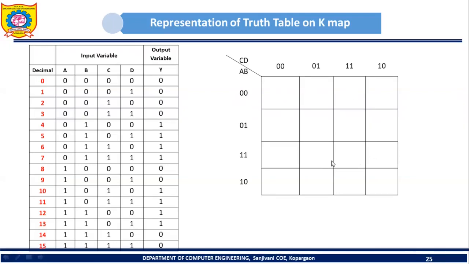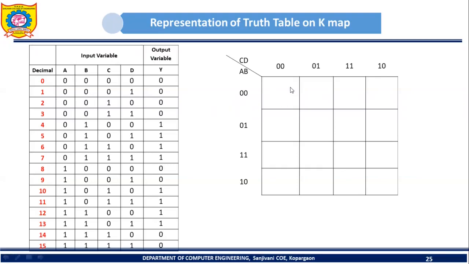This 4 variable KMap will have total 16 cells, 2 raised to 4, 16 cells, and each cell will correspond to one particular input combination. If I consider the truth table, then in the truth table the first row corresponds to input combination 0, the next row corresponds to input combination 1.